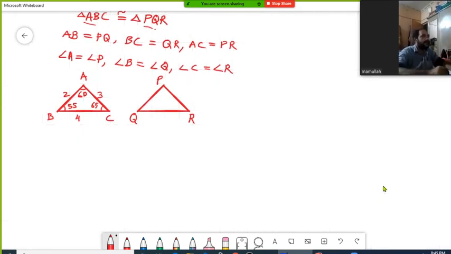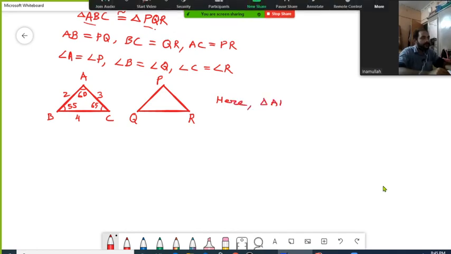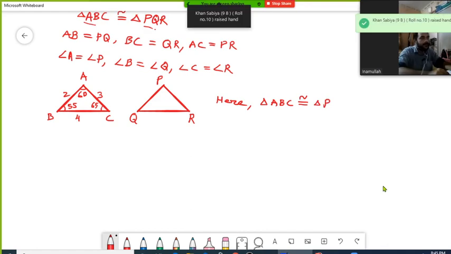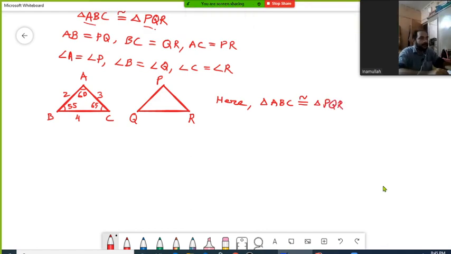If I tell you that triangle ABC is congruent with triangle PQR, we know both the triangles are congruent.